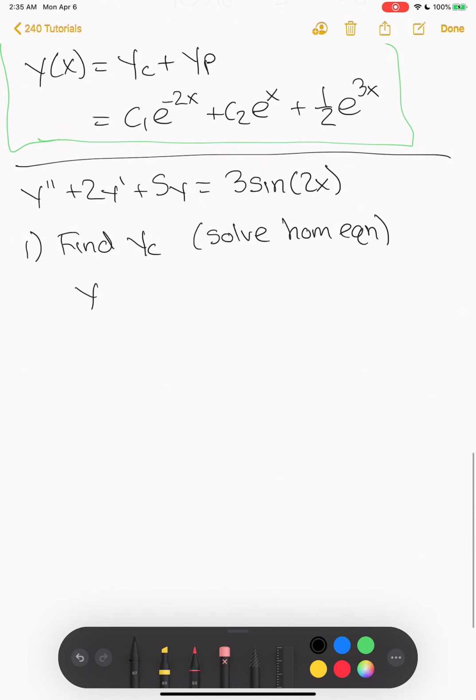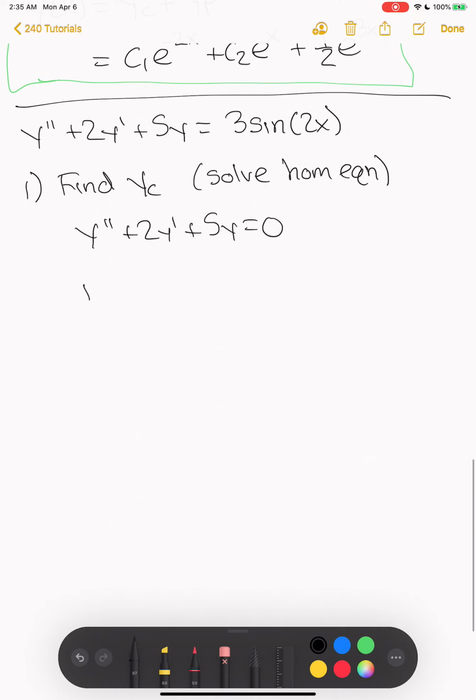So I have y double prime plus 2y prime plus 5y gives me 0. D squared plus 2D plus 5 applied to y gives me 0.